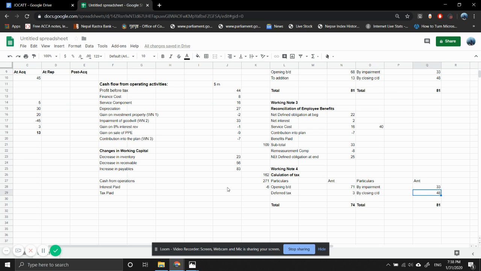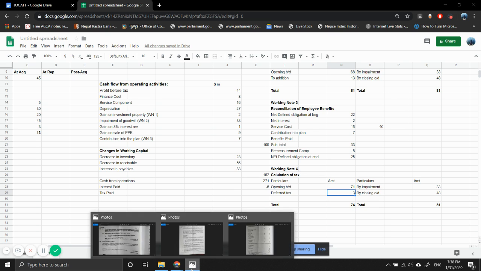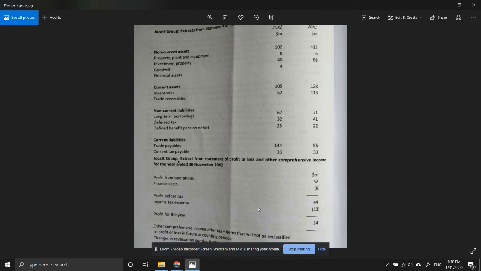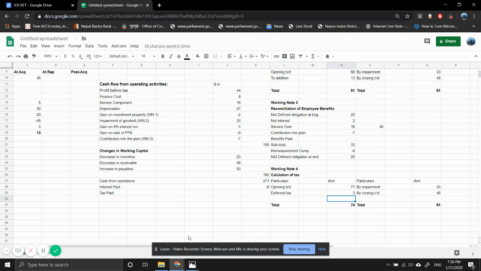Let's not go for that immediately. Let's figure out something more. What's our tax charge for the year? Tax expense 11, right? So 11 for the year.